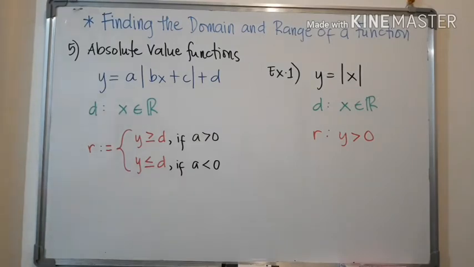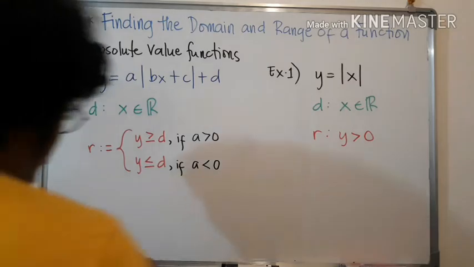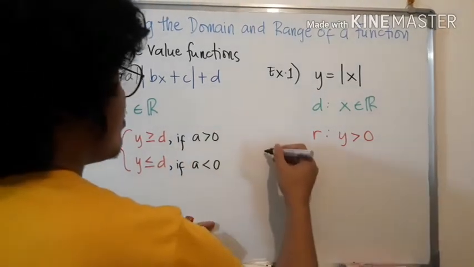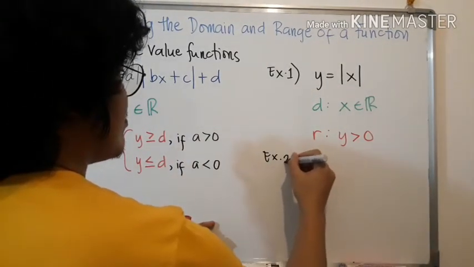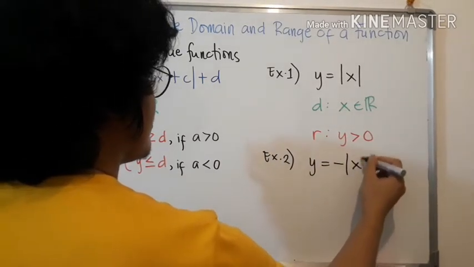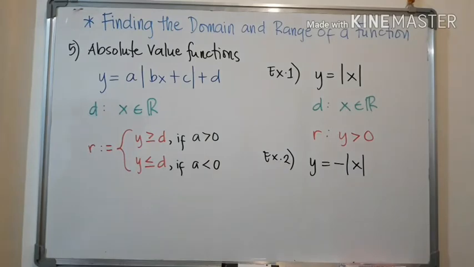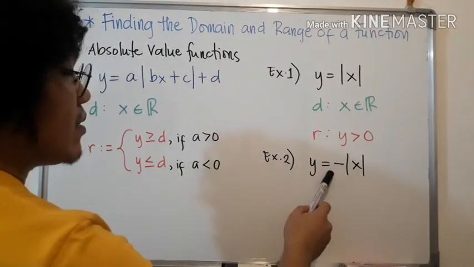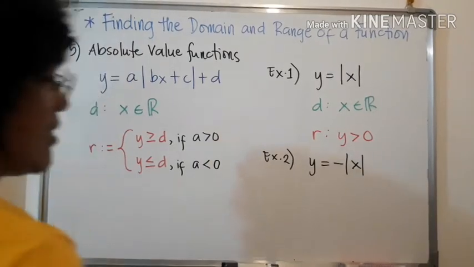Let's have example number 2. y is equal to negative the absolute value of x.